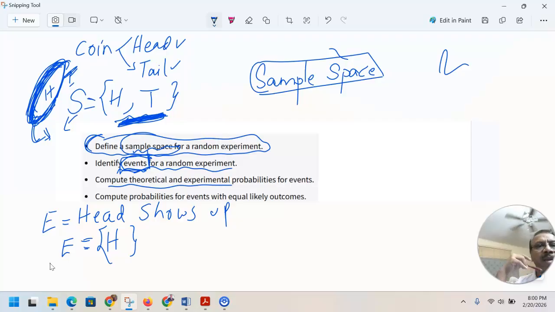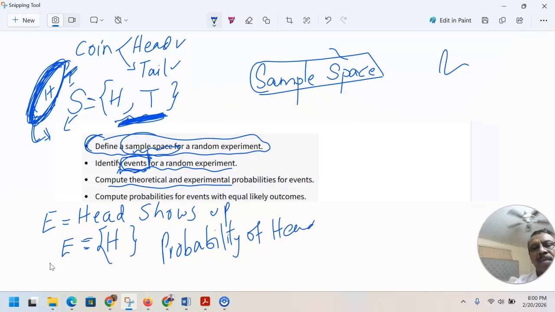What is the meaning of that E? And I'm coming straight to the meaning of probability. Suppose I ask, what is the probability of a head showing up? The probability of head showing up basically means the chances that when you toss a coin, you get a head.